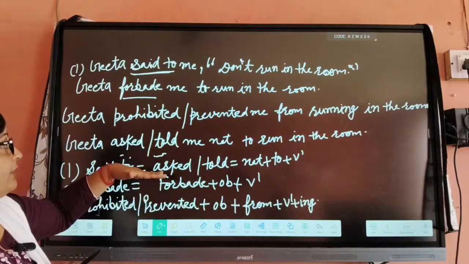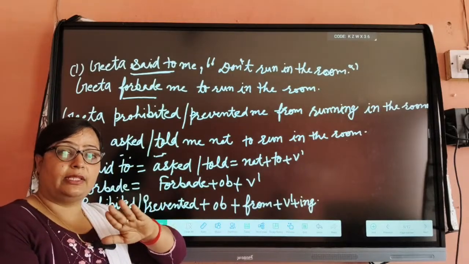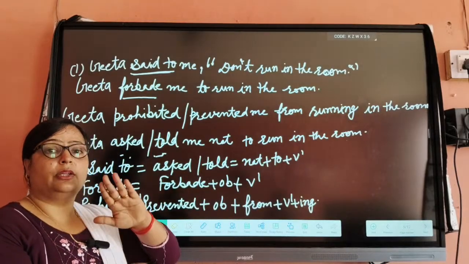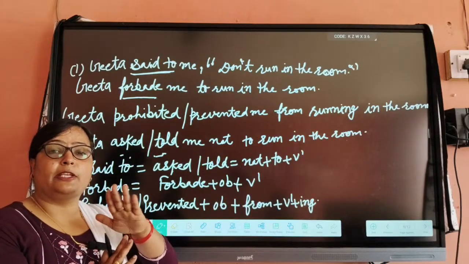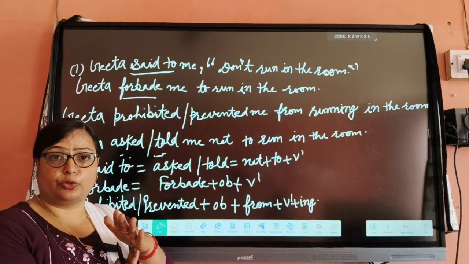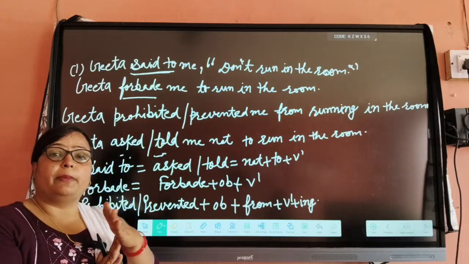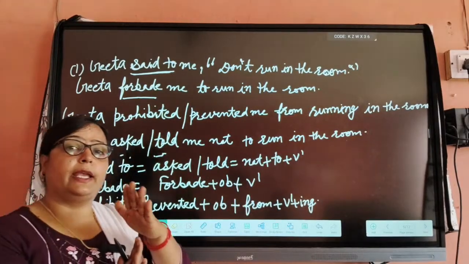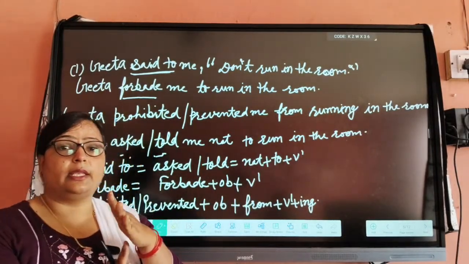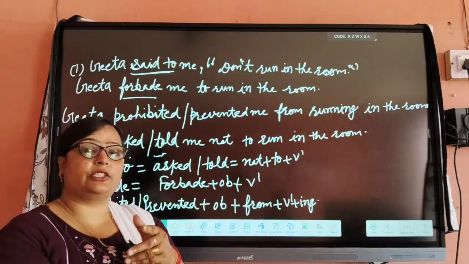If our sentence is affirmative, then our "said to" will change into asked, ordered, requested, or advised, and in place of the inverted comma we will use "to". But when we change the narration of negative commands, there are three ways.